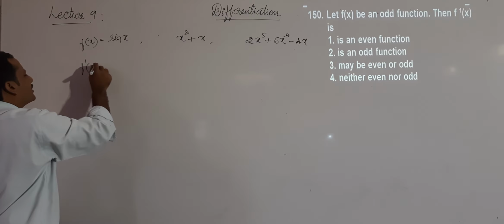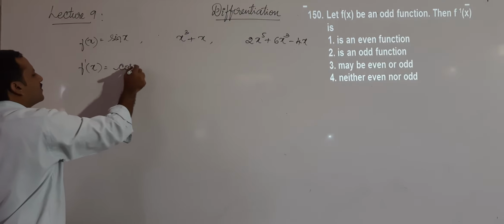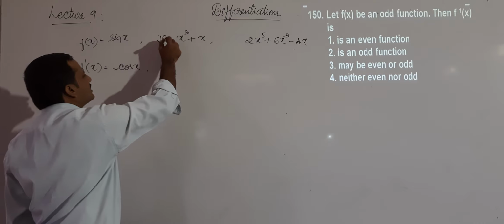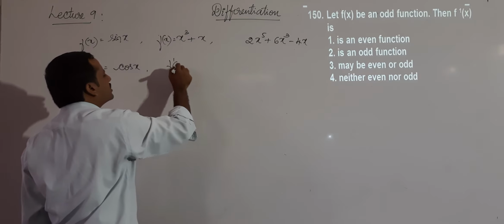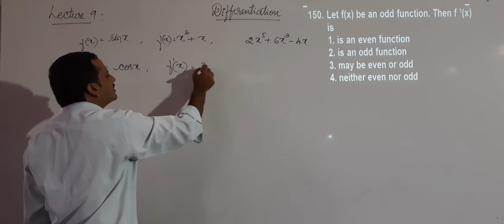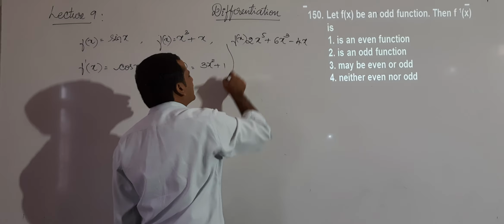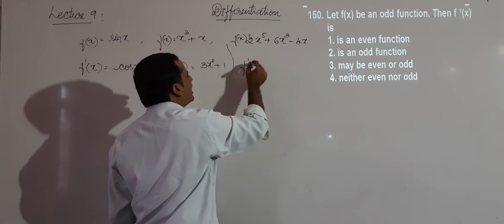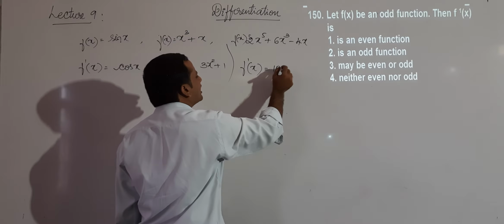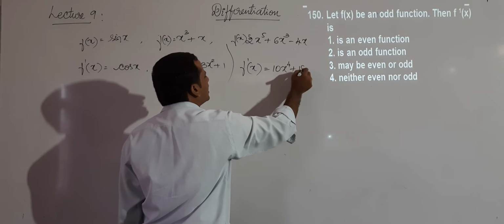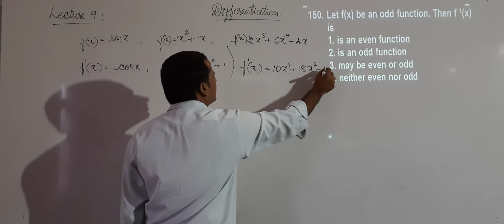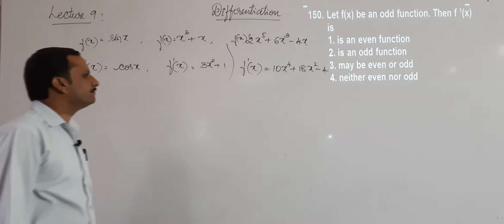Then f dash of x, derivative of sin x is cos x. If this is f of x, then f dash of x, derivative of this is 3x square plus 1. If this is f of x, then our f dash of x is 10x power 4 plus 18x square minus 4.